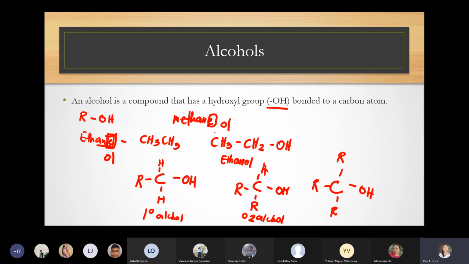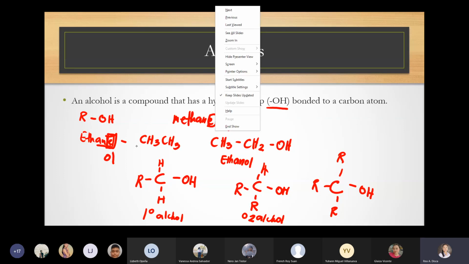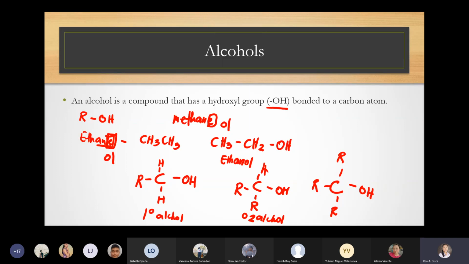Customarily, alcohols get their names by adding the suffix OL to the hydrocarbon name. Examples are methanol and ethanol. Our methane has four hydrogens bonded to one carbon. Now when we attach a hydroxyl group, it becomes an alcohol.